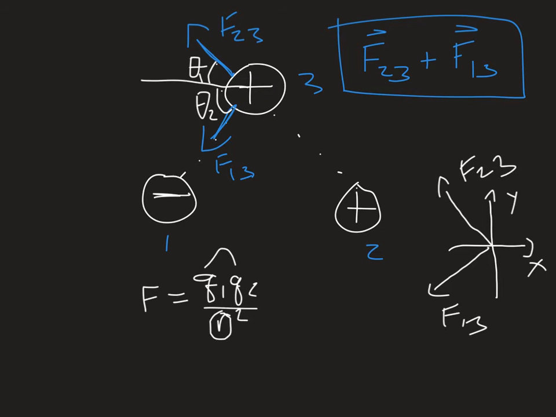So I might call this distance R13, and this distance R23, and that would go with F23 and F13. I would end up having Q2 Q3, and here I'd have Q1 Q3, and those would be the two Q's for each of these two forces.